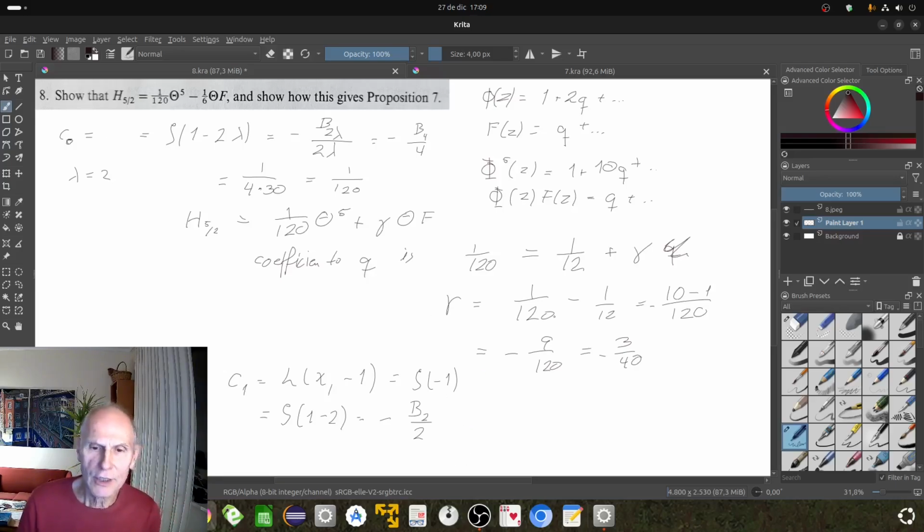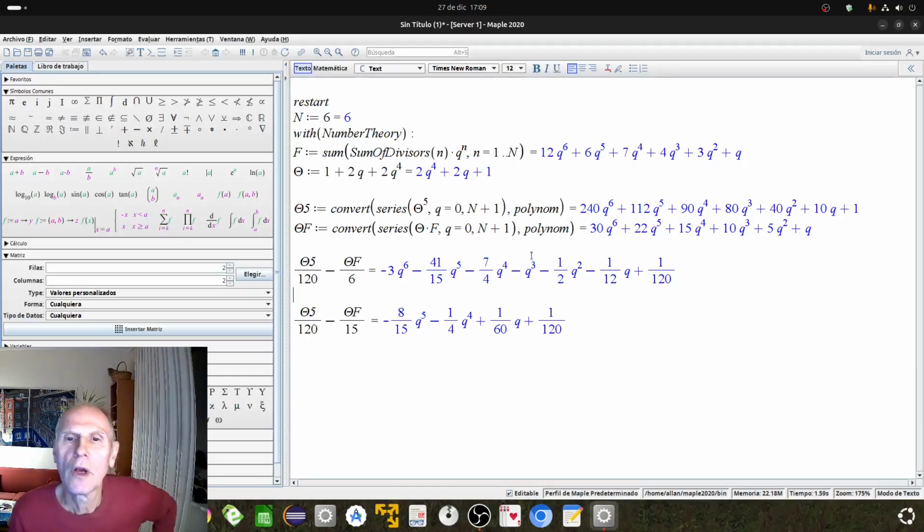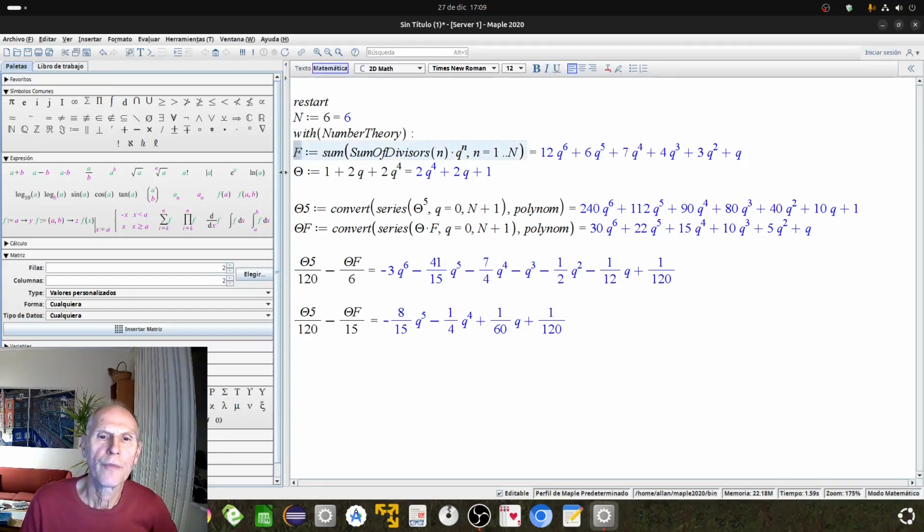Well, let's check my Maple script that I made. So I define f and theta, and then theta to the 5th, and theta f up to 6th order. So n is how far we will go.